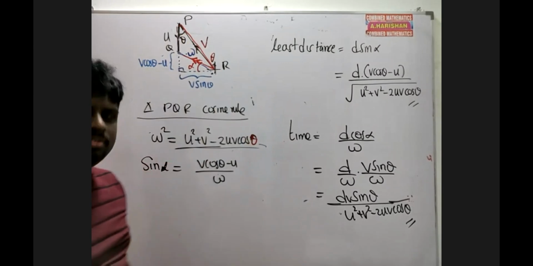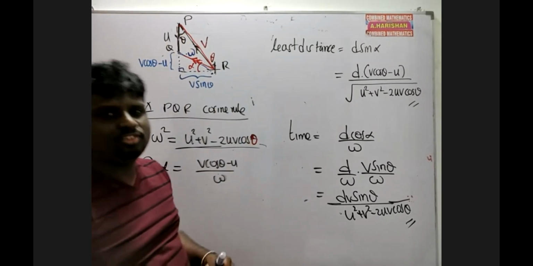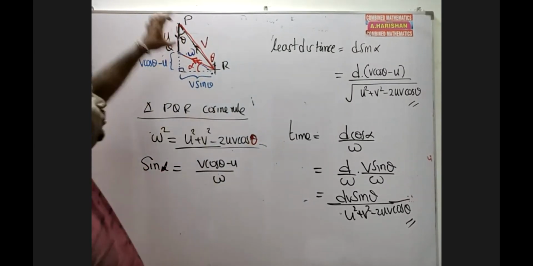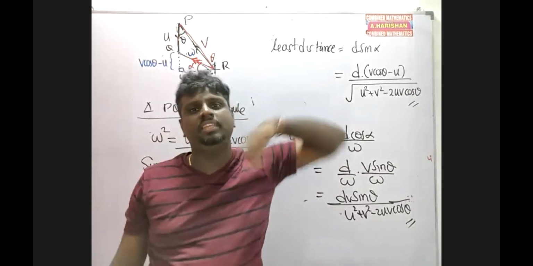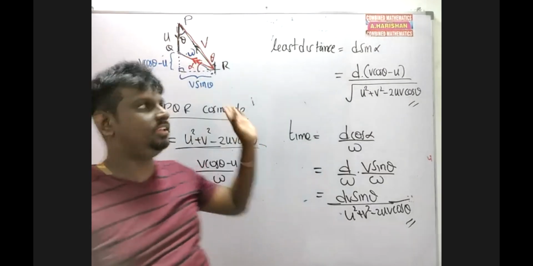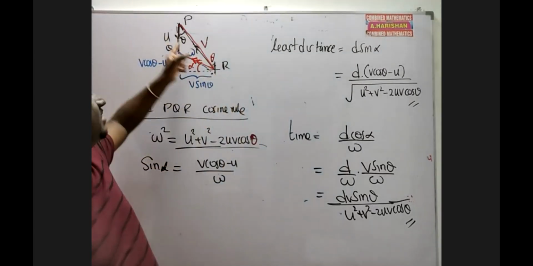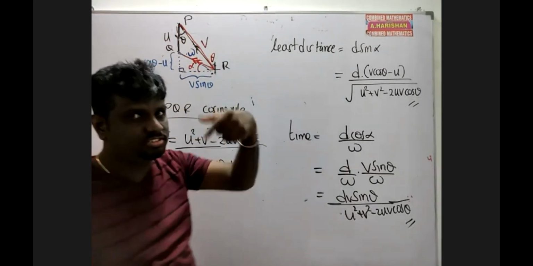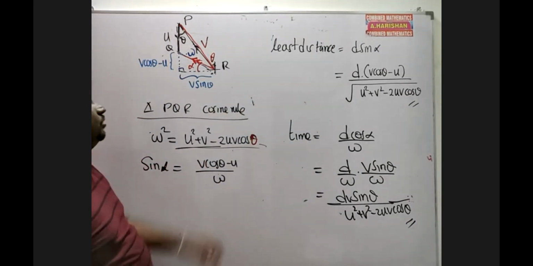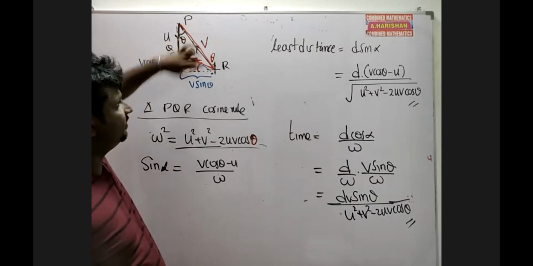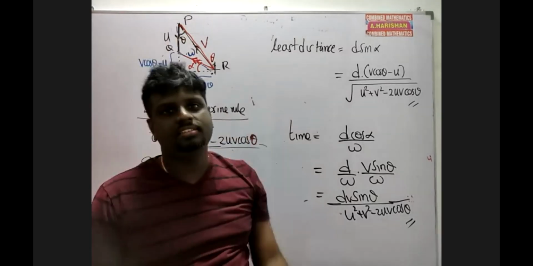Think about these as lengths: U is the length, V is the length, W is the length. Don't think about them as vectors now, because I used the direction here. Okay guys, is it clear?